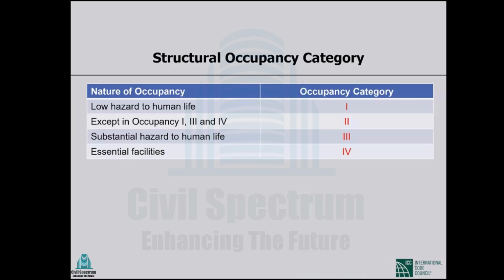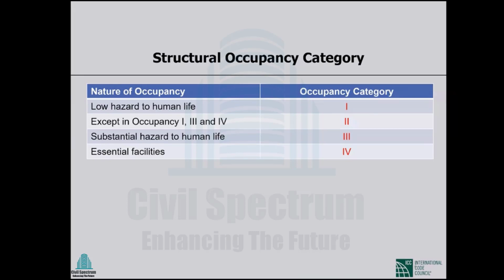Now, you know already, because this is similar to the old building code. The first one is low hazard to human life. That is, if a building collapses, and there is very little probability that human lives will be in danger, then that is low hazard. For example, a silo to store grains, for example, rice or sugar.